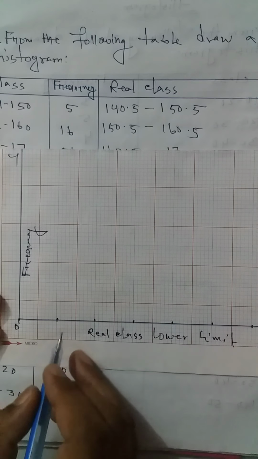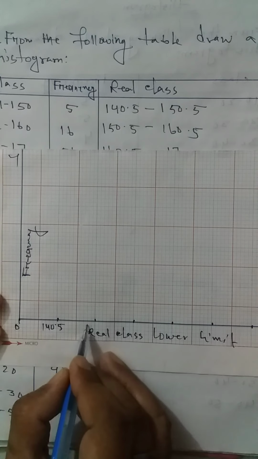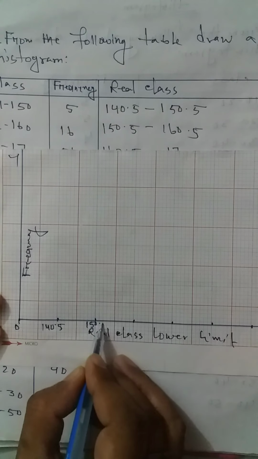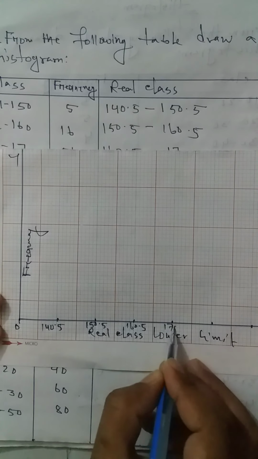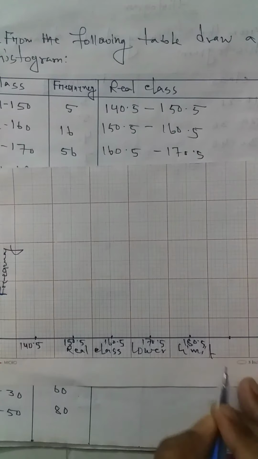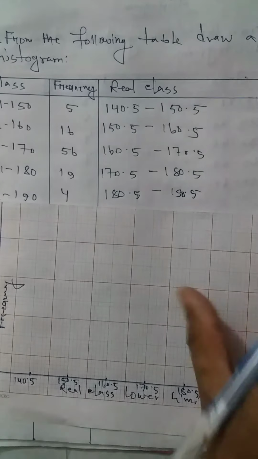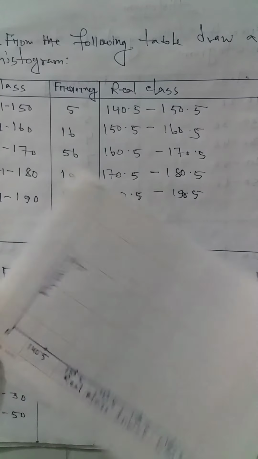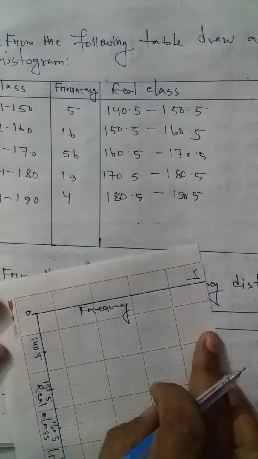So first 140.5, 150.5, 160.5, 170.5, 180.5, 190.5, and the vertical axis indicates the class frequency.